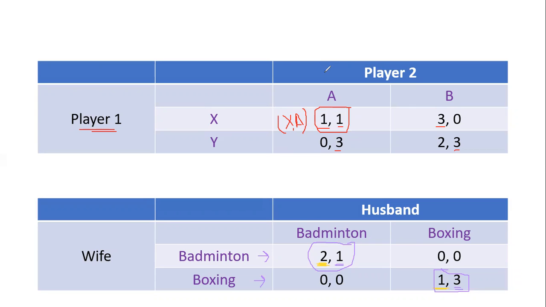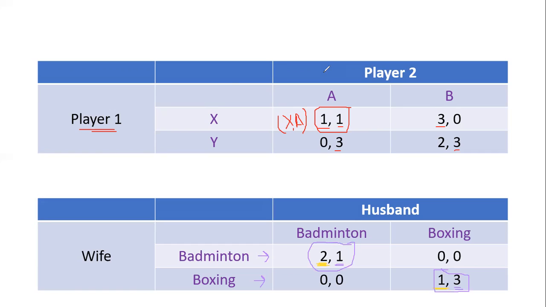We walk over to the wife and say, look, the husband has decided to play badminton. What would you like to choose? In this case, her optimal response will be playing badminton. Same, we shall put this question to the husband.